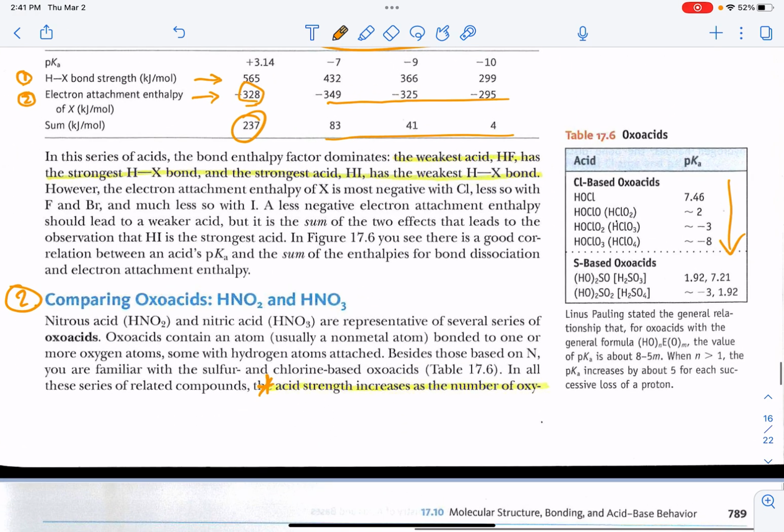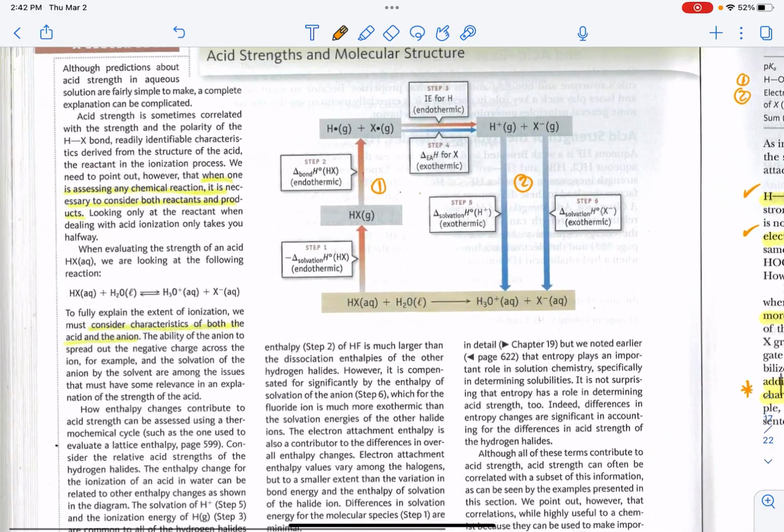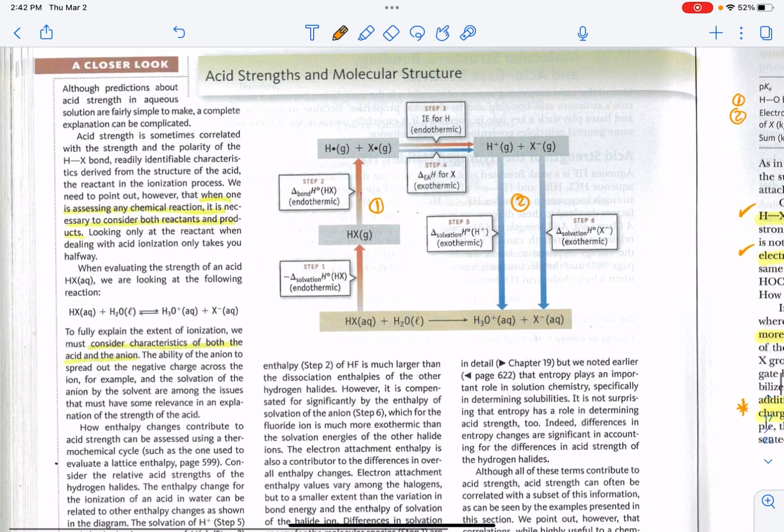And then this chart off to the right, we'll look at in just a minute because we want to come to the top of the next page and look at this diagram of energy or enthalpy diagram, breaking this down into even further detail. If I have a halogenic acid right here, notice that the first thing we need to do is go from it being dissolved in a solvent to not being dissolved in a solvent.